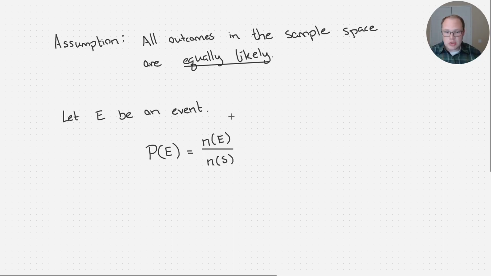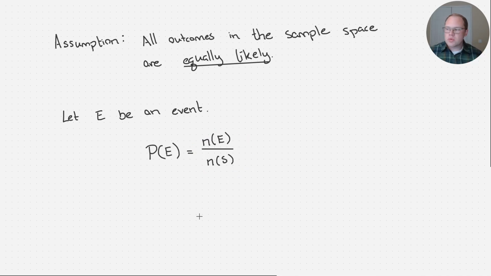So in this special circumstance where all the outcomes are equally likely, all we have to do is count. We count how many outcomes are in event E, how many outcomes total are in the sample space, and we get that fraction or proportion, and that will tell us the probability.